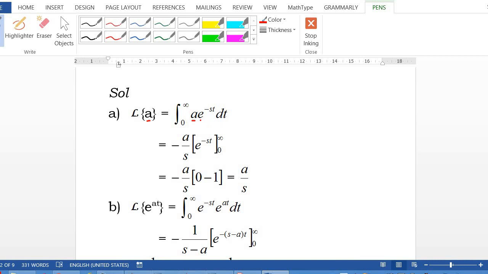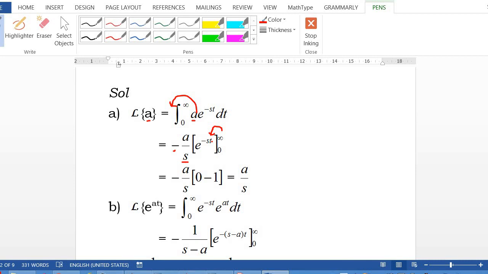Where a is a constant, you can factor it out outside the integral symbol, so you have a, and then integrate exponent negative st, you have exponent negative st divided by negative s, so you have negative a over s, and the limit of the integral is from 0 to positive infinity.